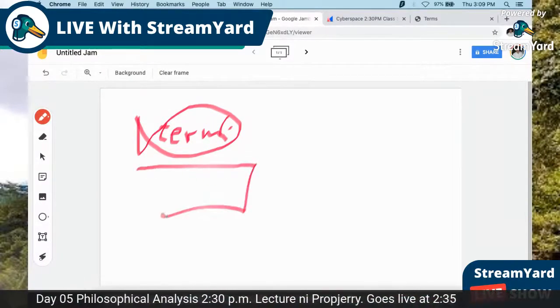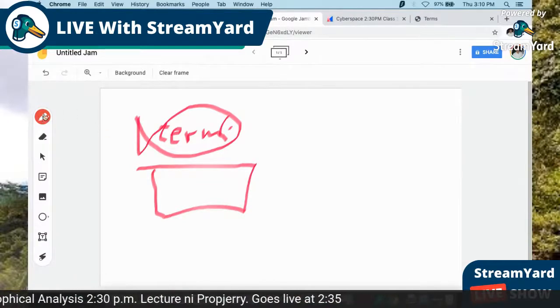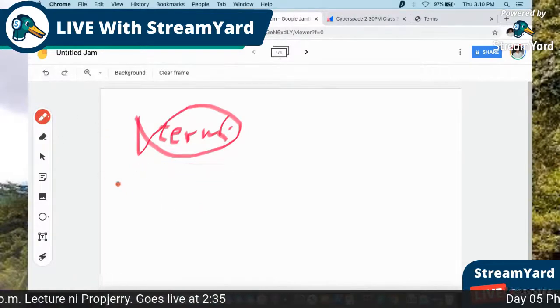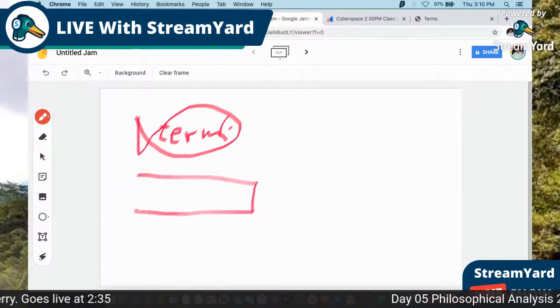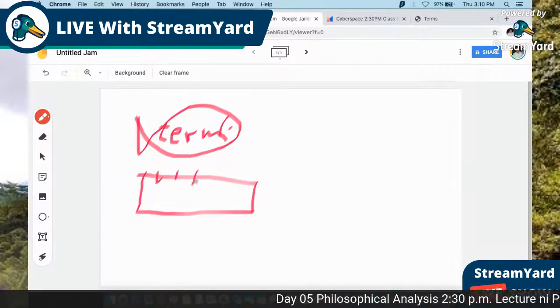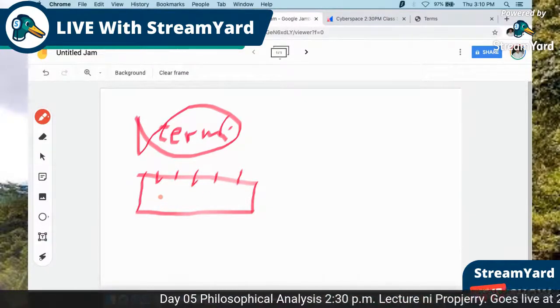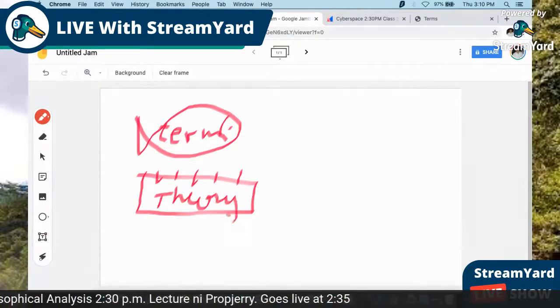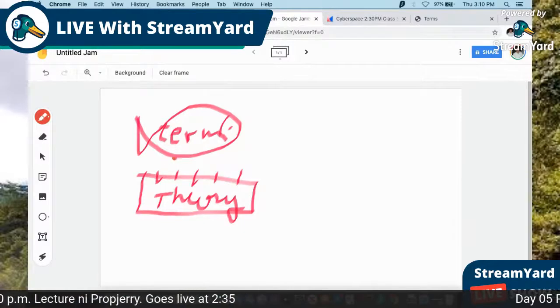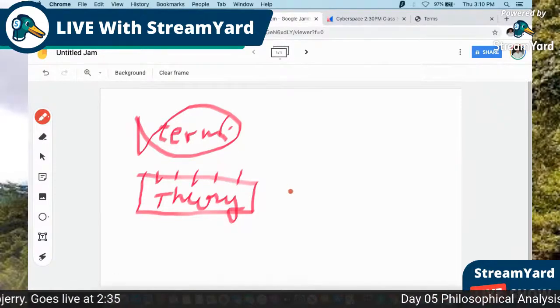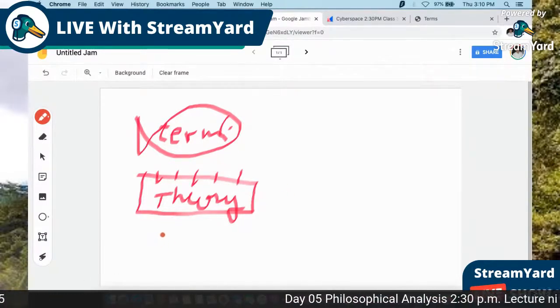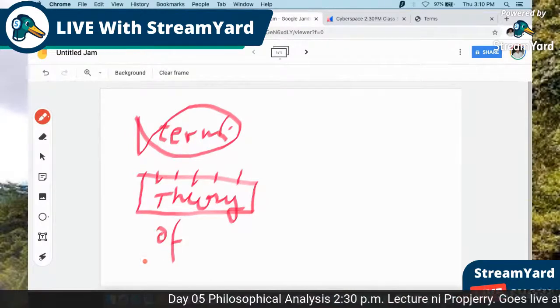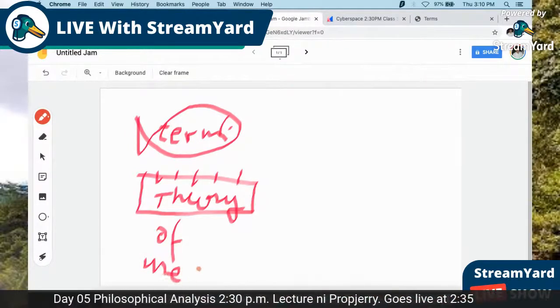And what is your measure or your norm? Your measure or your norm is what you call your theory of meaning. That's what a theory is for, a theory with which you can measure something.